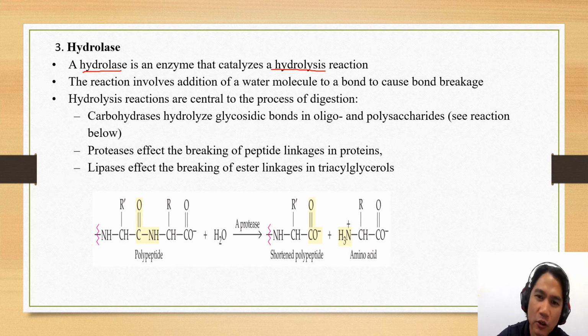Many enzymes belong to this class, and they are further classified based on the reaction they catalyze. For example, carbohydrases hydrolyze glycosidic bonds in carbohydrates. Proteases are enzymes that hydrolyze proteins, breaking the peptide bonds.